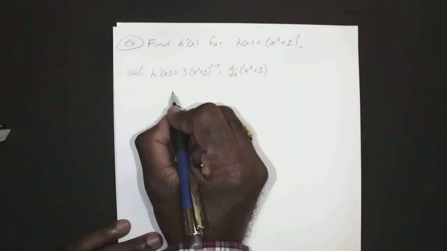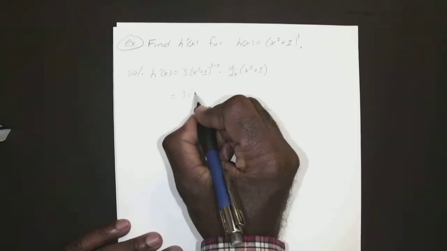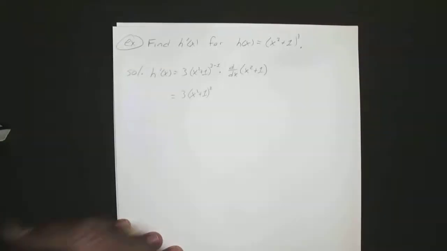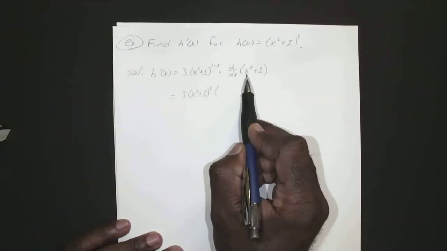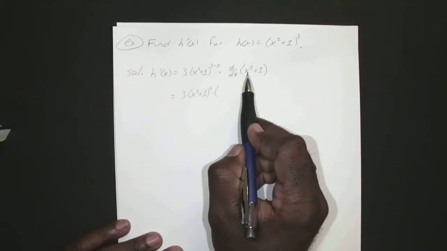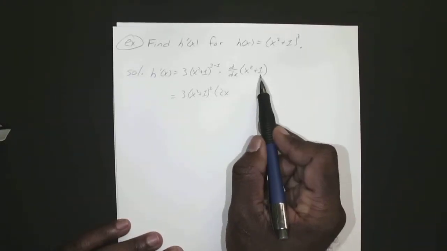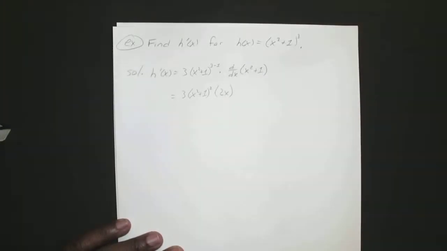All right, so this is going to equal 3 times (x squared plus 1) squared times the derivative of x squared plus 1. The derivative of x squared is just 2x, and the derivative of a constant is just 0, so that just remains like that.